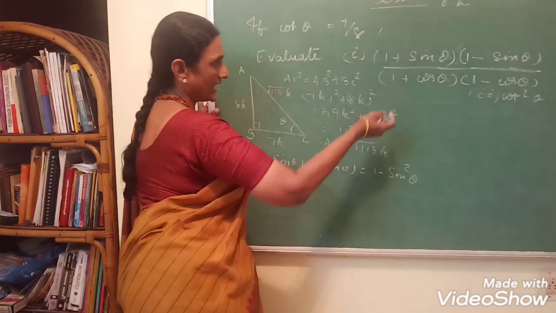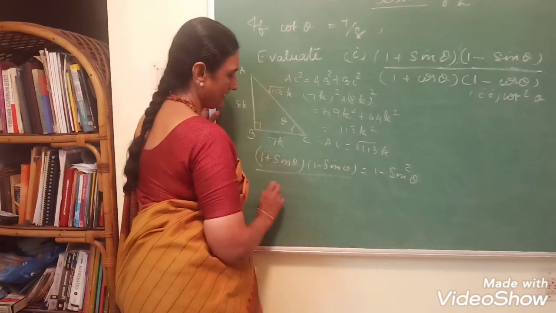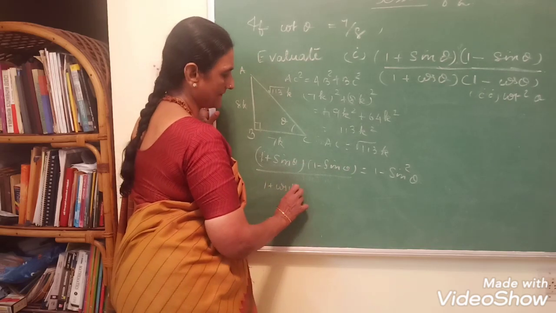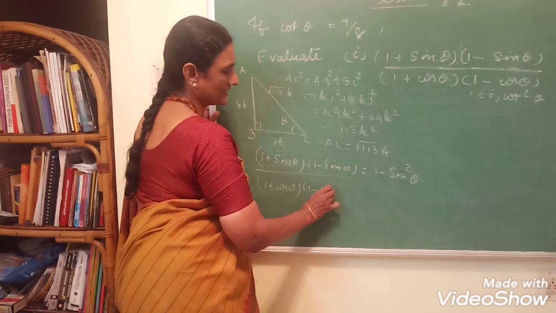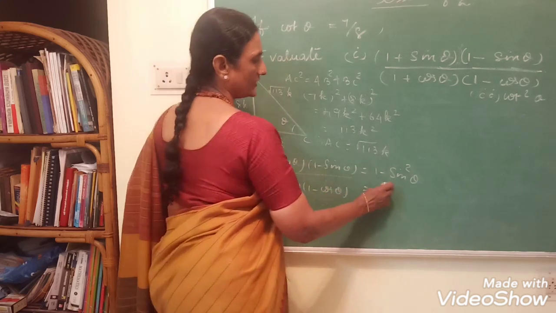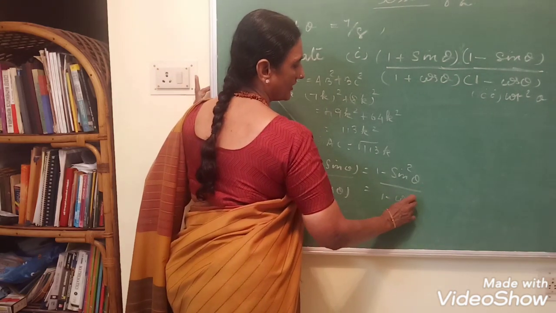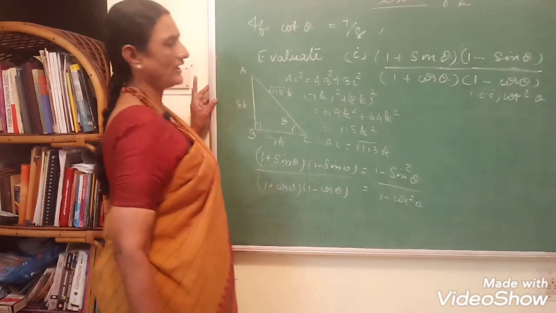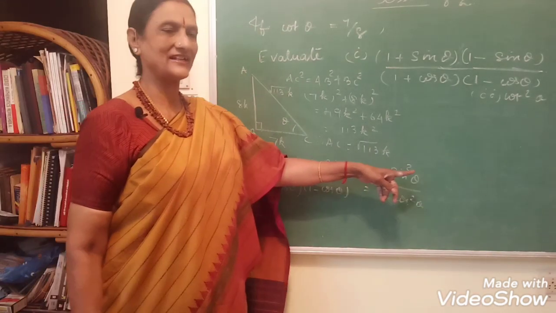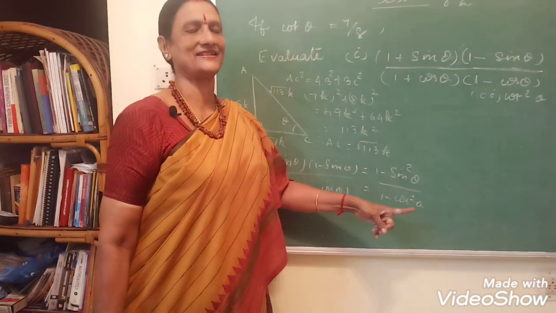And in the same way the denominator, 1 plus cos theta into 1 minus cos theta, gives you 1 minus cos square theta.